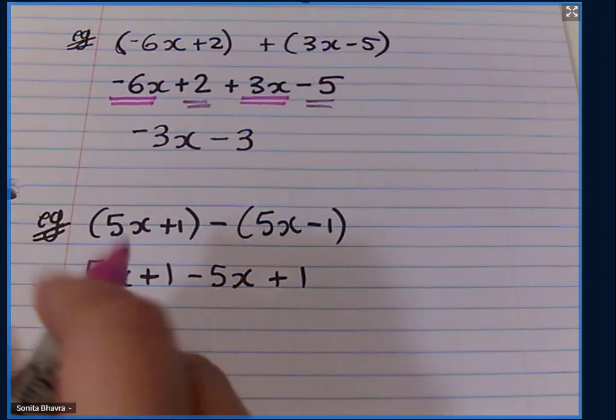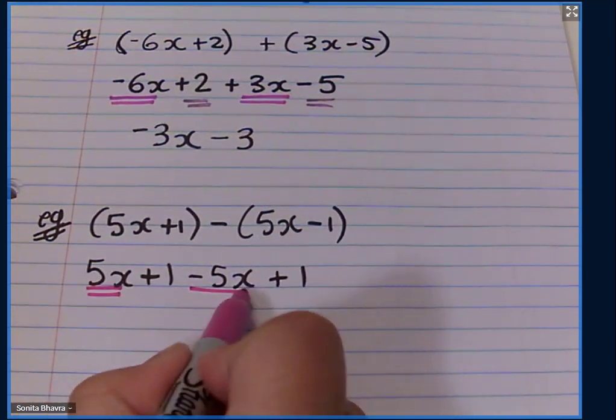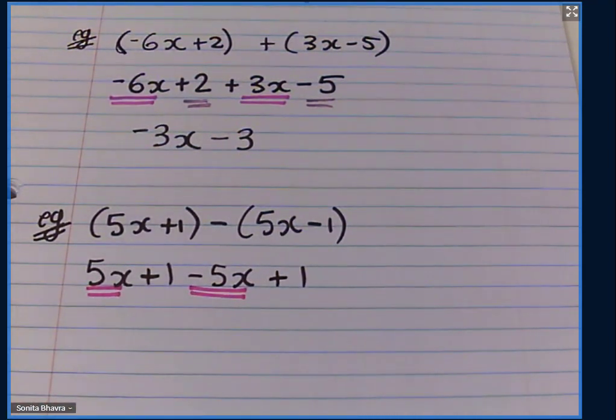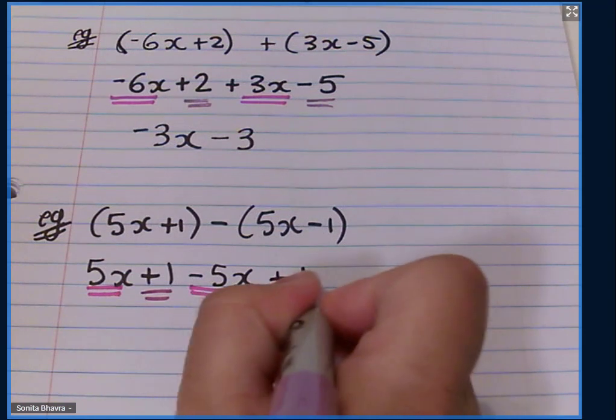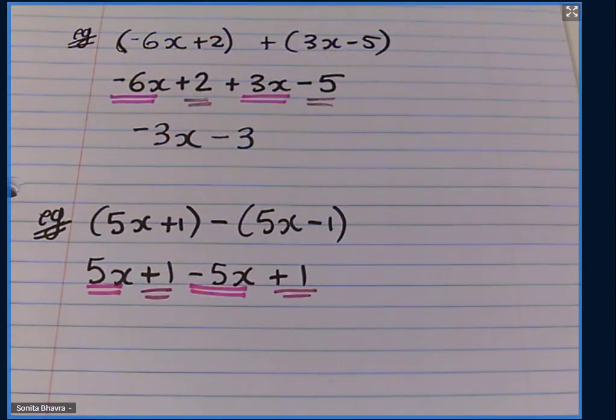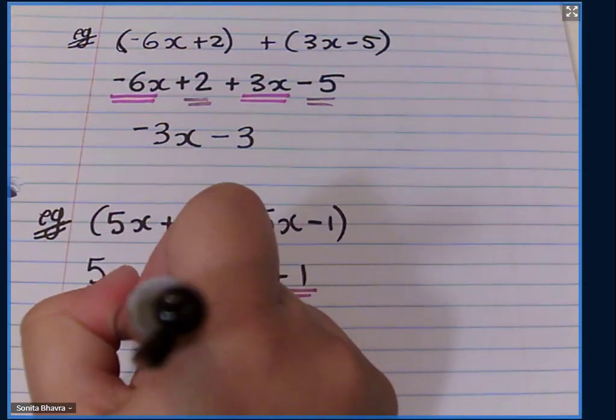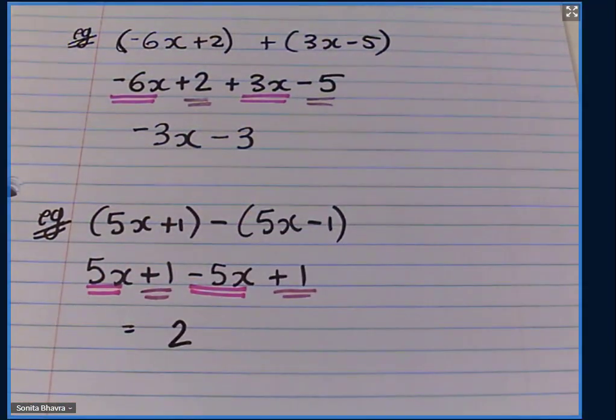So we have 5x minus 5x, that's 0. And then we have positive 1 and positive 1. So that becomes 2. So our answer here is just 2.